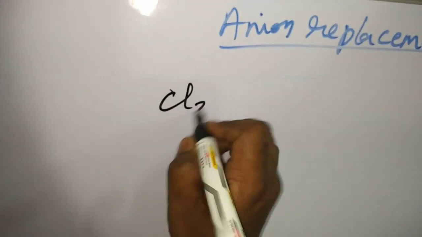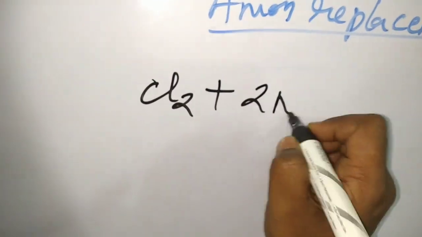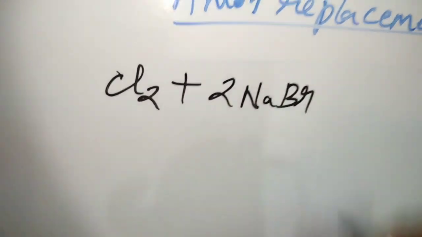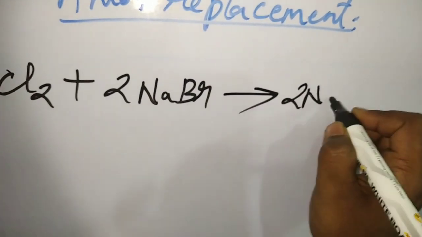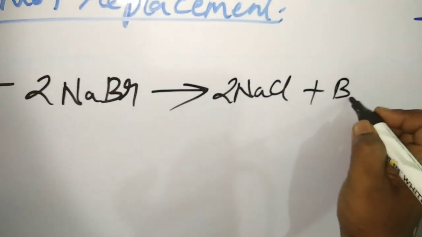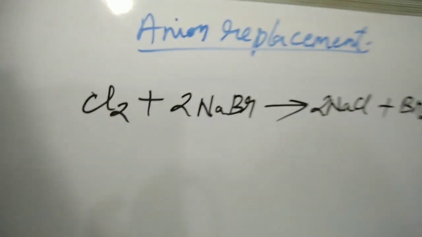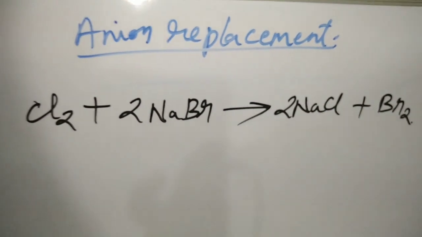See, students, with the help of an example, chlorine. When chlorine is reacting with sodium bromide, it is forming NaCl and bromine.